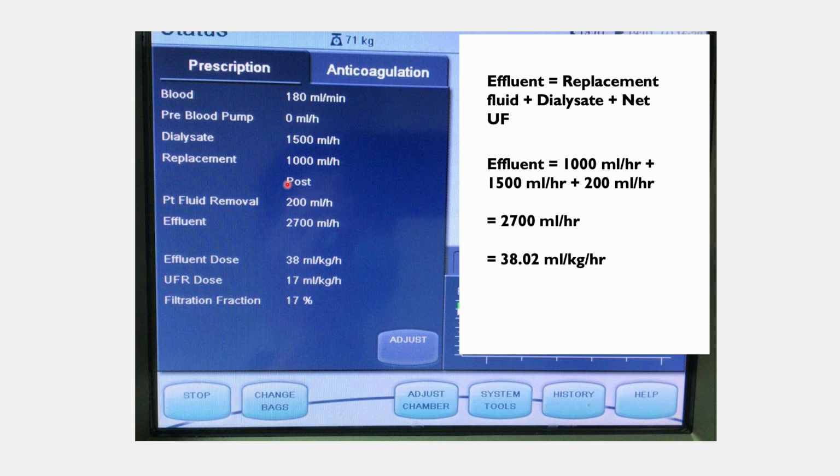So summatively, if you look at this, the total effluent rate is 2.7 liters per hour. And if we divide this by the patient's weight of 71 kg, this gives us a dose of 38 mLs per kg per hour. So that is how renal replacement therapy dose is computed.